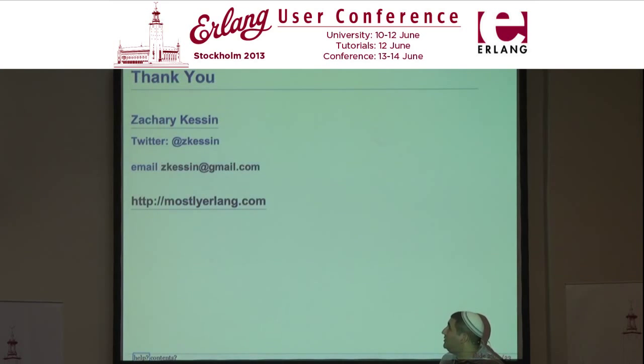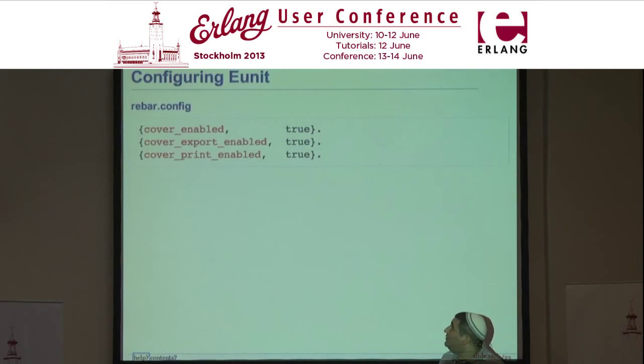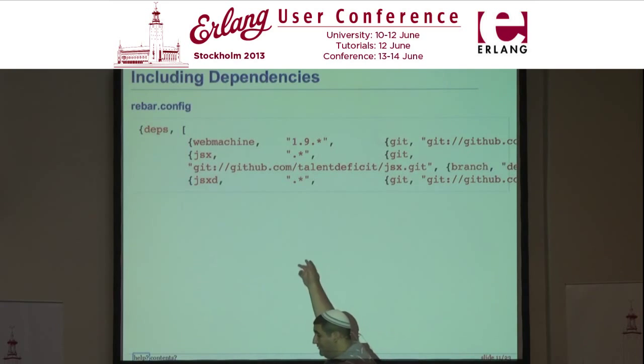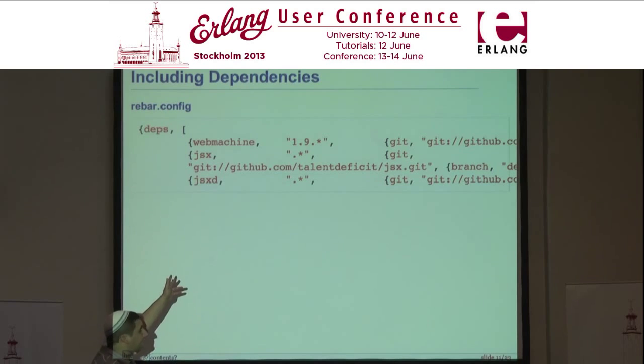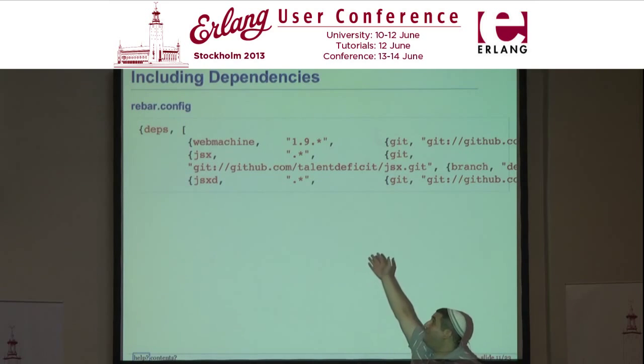All right. So there was one thing I forgot to mention earlier about Rebar, and I apologize. So here, dependencies. By the way, if you have a big project with lots of subdirectories, one thing you can do as things stabilize is move parts of your project into separate repositories and move them into dependencies.